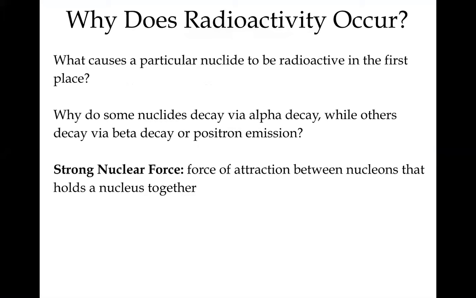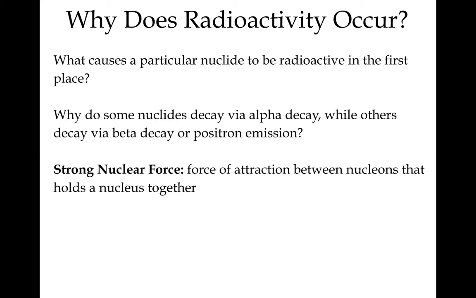Why do some nuclides decay using alpha decay, while others decay using beta decay or positron emission, like we talked about a couple lectures ago? So far, we've certainly talked about these different types of radioactivity, but we haven't really got into what causes radioactivity to begin with, right?